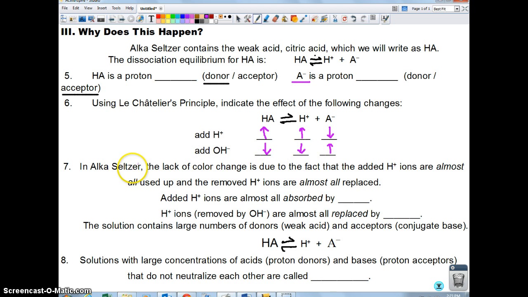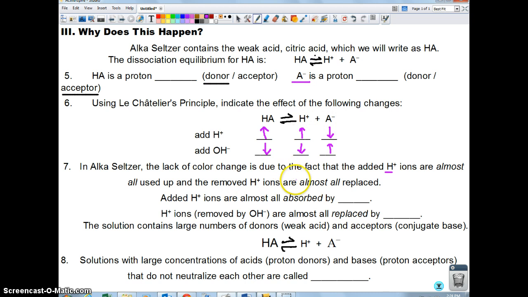In Alka-Seltzer, the lack of color change is due to the fact that any hydrogen ions, when I added the H+, the hydrochloric acid, they're all used up. And the removed H+ ions are almost all replaced, no matter what I was doing. If I was adding acid, then they were going to be used up by reacting with the A-.